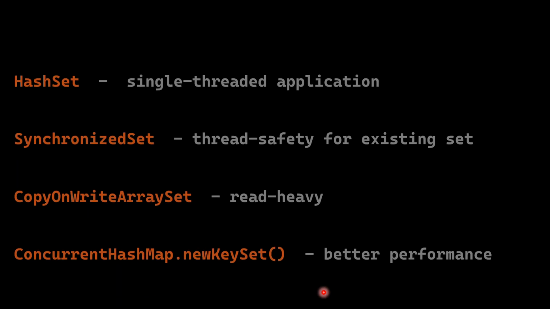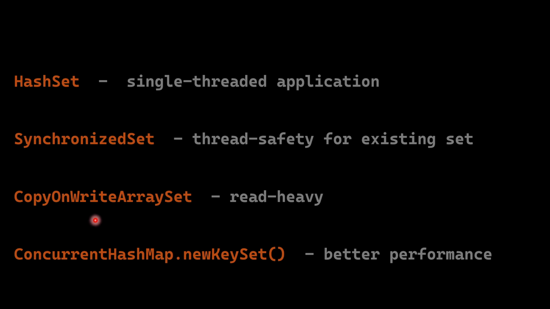Finally, let's review key takeaways. Each set implementation serves specific needs in concurrent Java programming. HashSet provides maximum performance for single-thread access with O(1) operations. Synchronized set adds thread safety to existing sets with client-managed iteration synchronization.